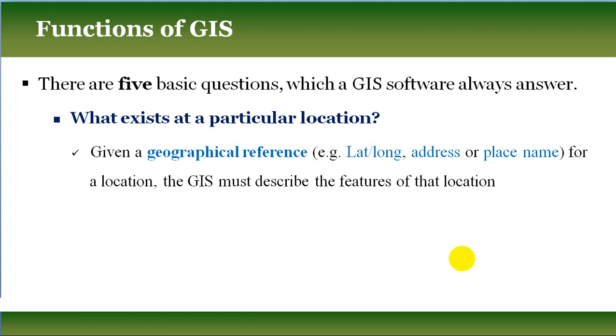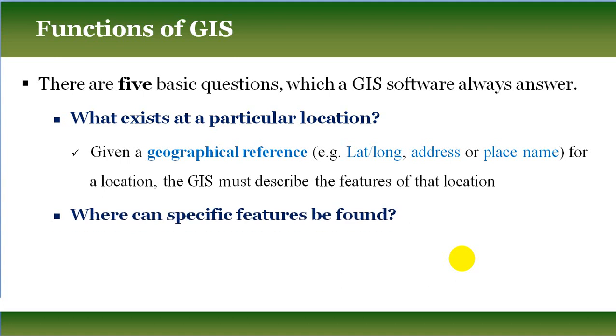Okay, so that's the way GIS software answers this question: what exists at this particular location, either using a lat-long pair or using an address, I mean a building address or house address, or using a place name.